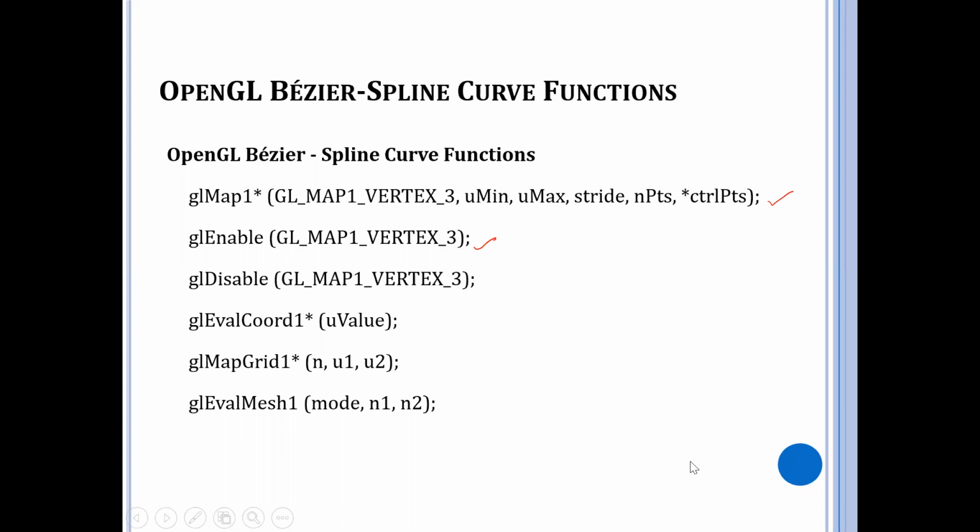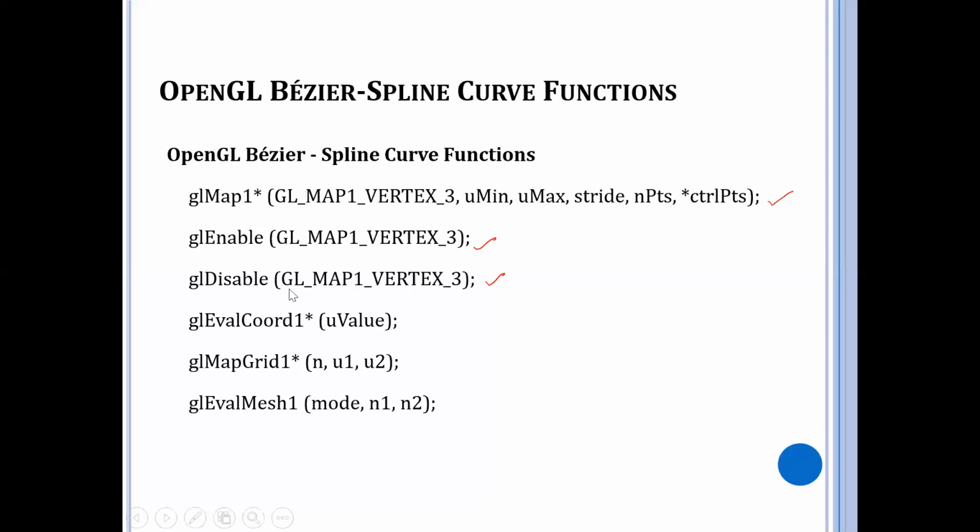After enabling, I make use of this glMap function. Further, when I finish my job, I will also have to disable it. So please remember, whenever I am making use of the routines for Bezier curve display, in order to use this glMap function, first I have to enable it, then make use of glMap.